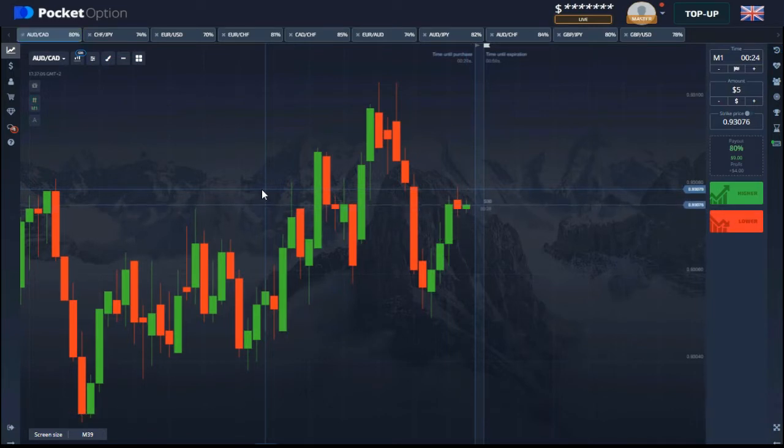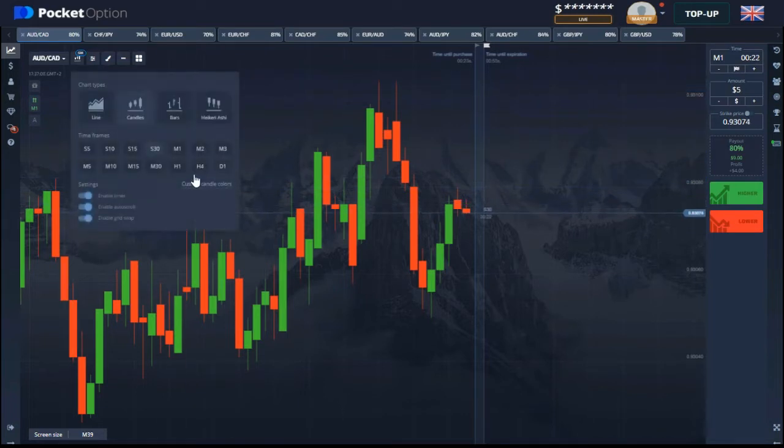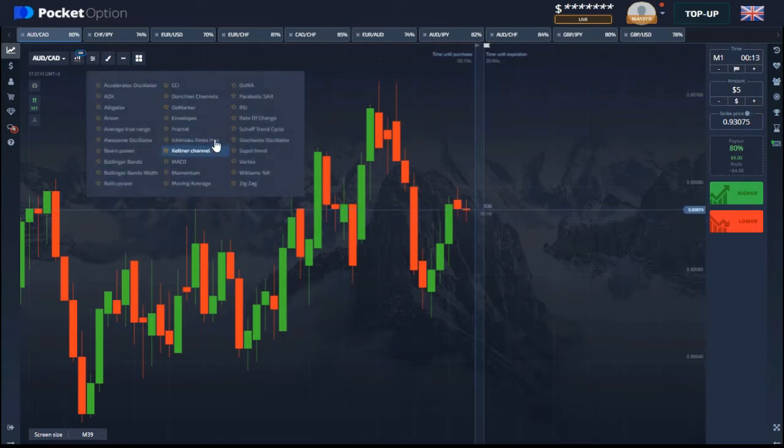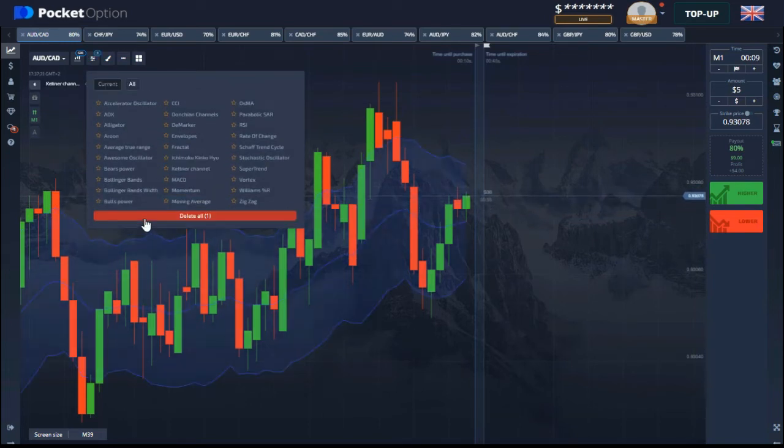Okay, so I am on the 30 second candlestick. The indicators I am using are the Keltner channel, and the second one is the stochastic oscillator.